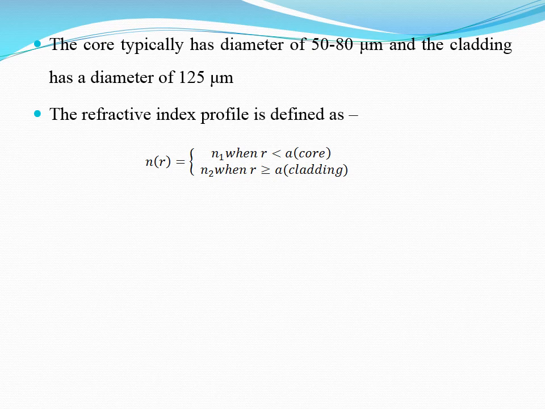This is the equation which describes the refractive index profile of a step index fiber. The core diameter is normally 50 to 80 micrometers, with a cladding diameter of 125 micrometers. So this is about these topics.